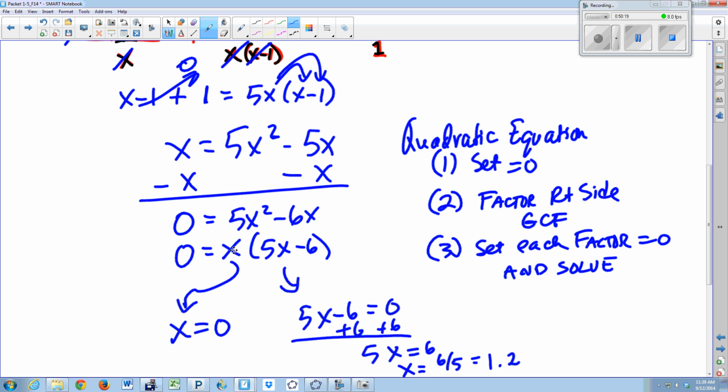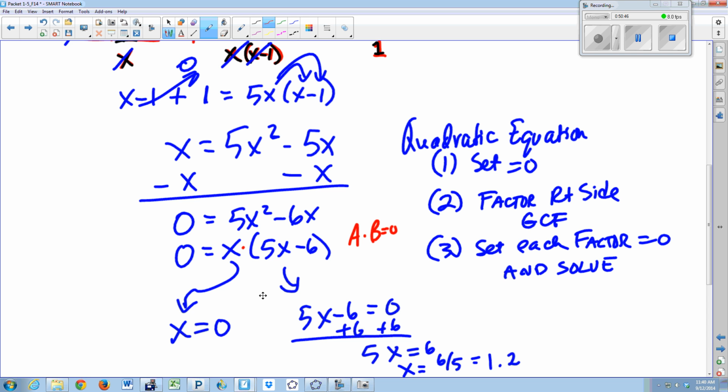Because I'm trying to solve this equation right here, Isabel. And to solve this, it looks like this. A times B equals 0, because it's multiplication here, right? So if A times B equals 0, what do you know about A or B? One or both has to be 0. So we have to figure out what makes this 0 and what makes that 0.